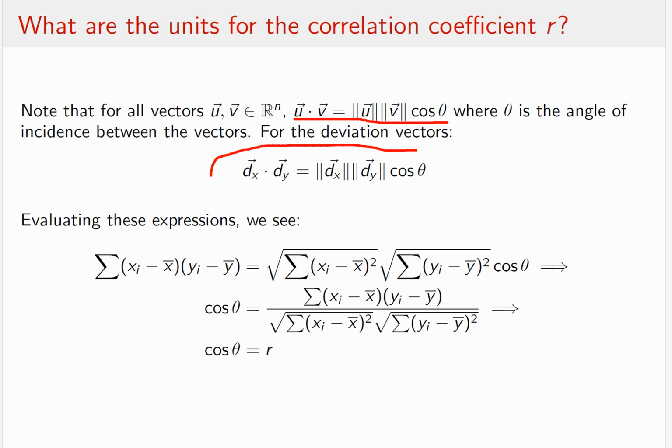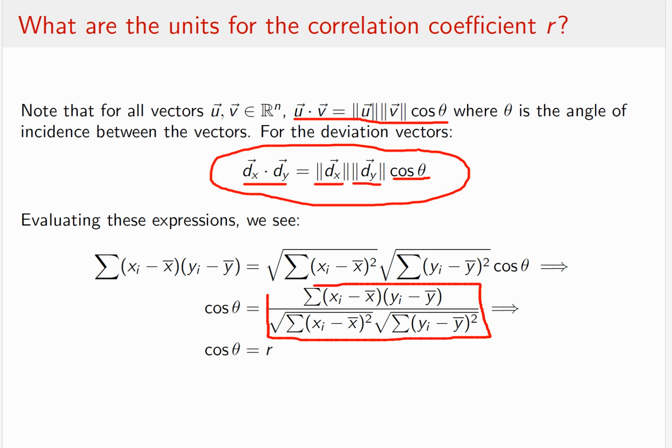And we apply this formula, or we plug in the deviation vectors into this formula, and we see that the magnitude of the deviations in x times the magnitude in deviations in y times the cosine of the angle of incidence between them is equal to this dot product. Okay? And when we just write out what these expressions mean, what do we end up with? We end up with the formula we were just working on in the previous slide, which was equal to R.